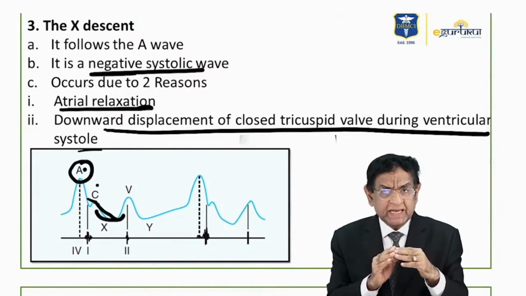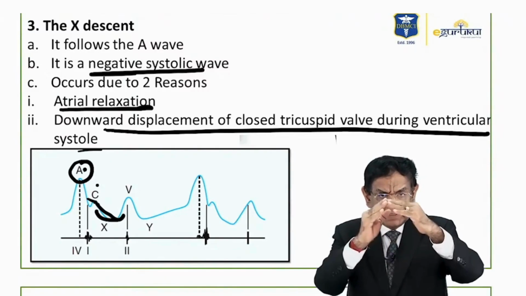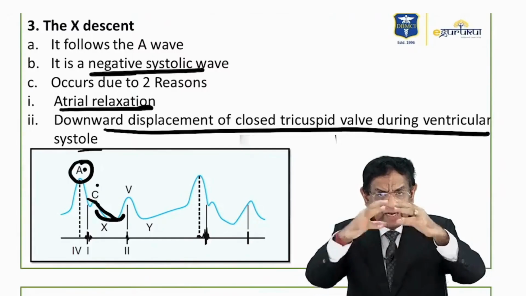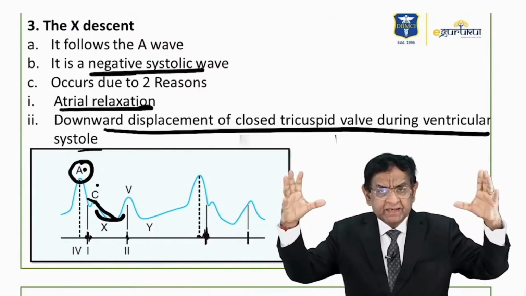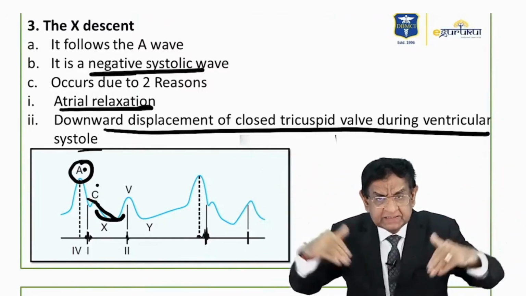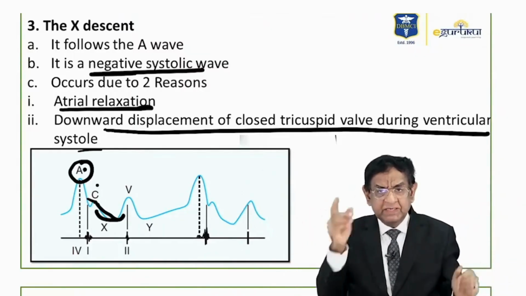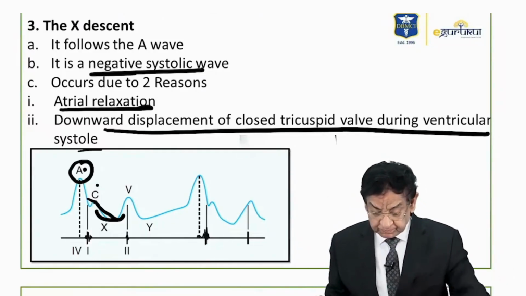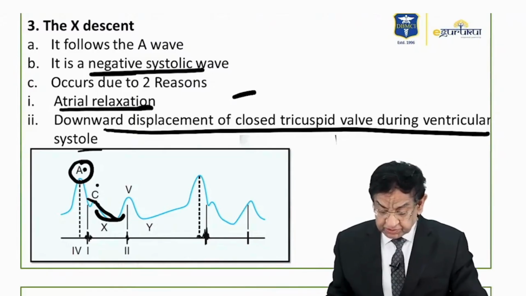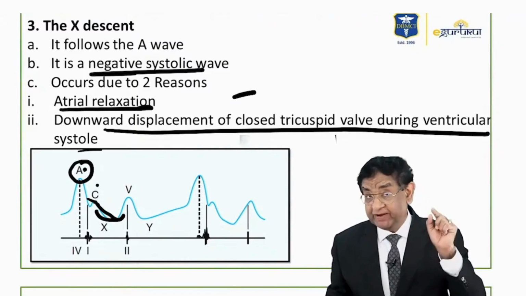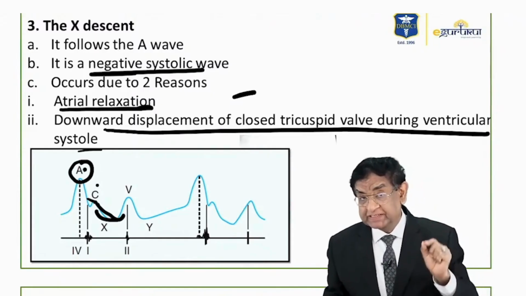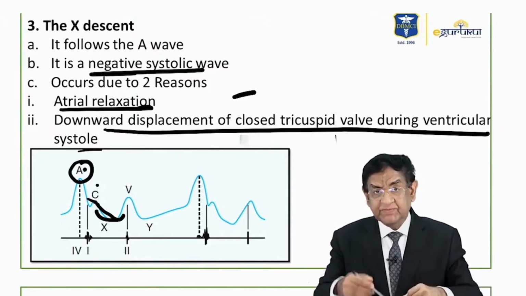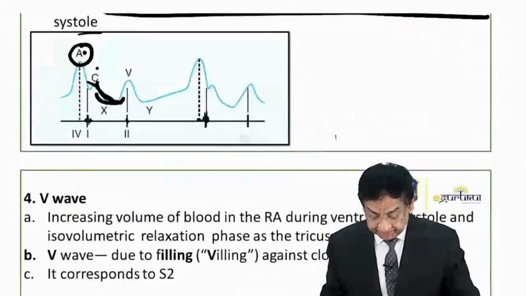But now during the actual ventricle systole, this valve comes down. So the valve comes down and the atria are dilating, so the pressure will reduce, and that produces the X descent. Okay, so it's a negative systolic wave produced when the ventricle systole is occurring, and there is downward flow.